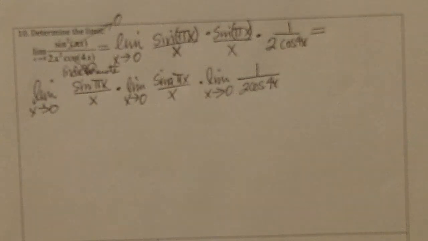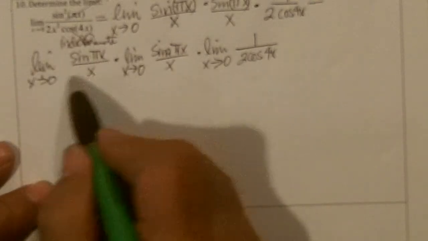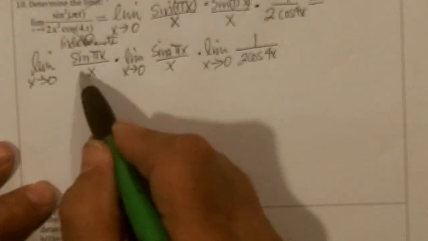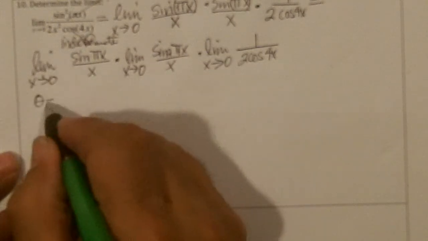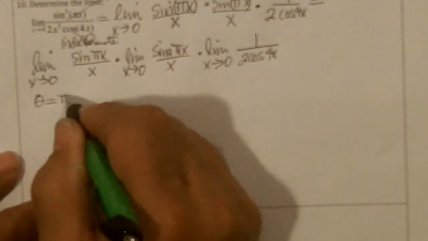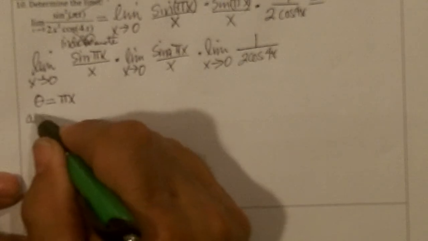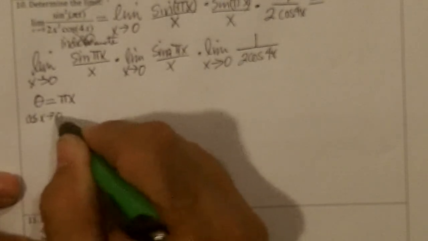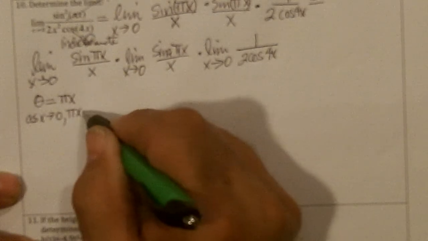Okay, so now, this first one and the second one are the same, but it needs to be the same angle here in the denominator and out here. So I'm going to let theta be pi x. Therefore, as x approaches 0, pi x will also approach 0. So I can make some substitutions.